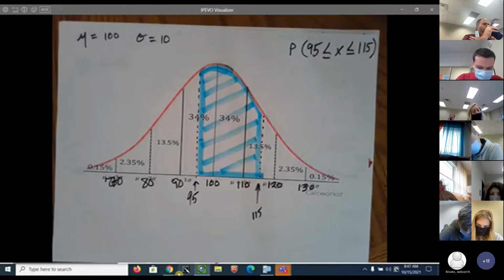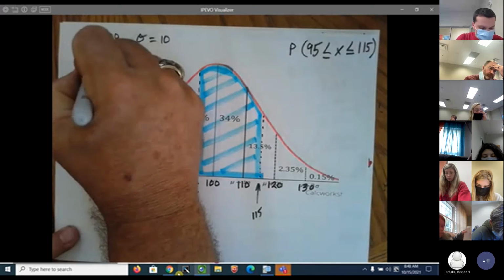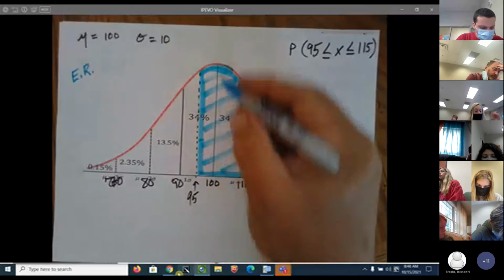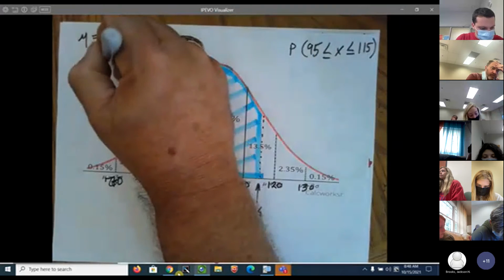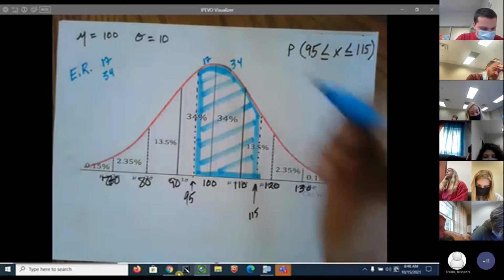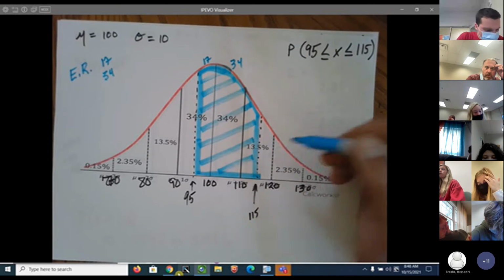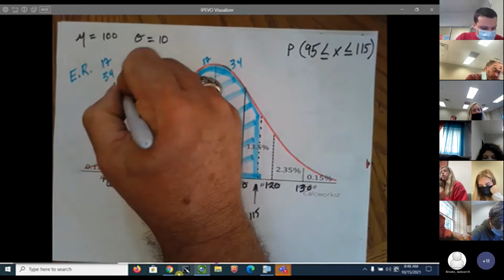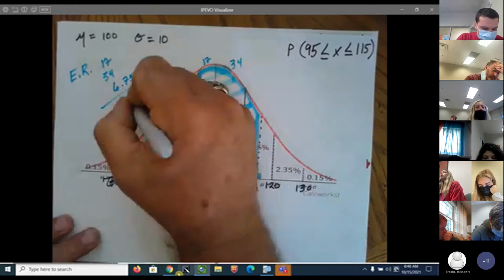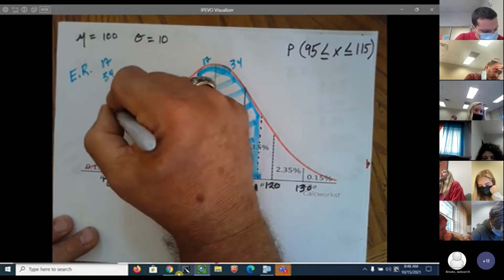So the empirical rule, and I'm going to use a form of blue for the empirical rule. The empirical rule says 17 plus 34 plus what's half of 6.75? 3.375? 17, 34, 3.375.